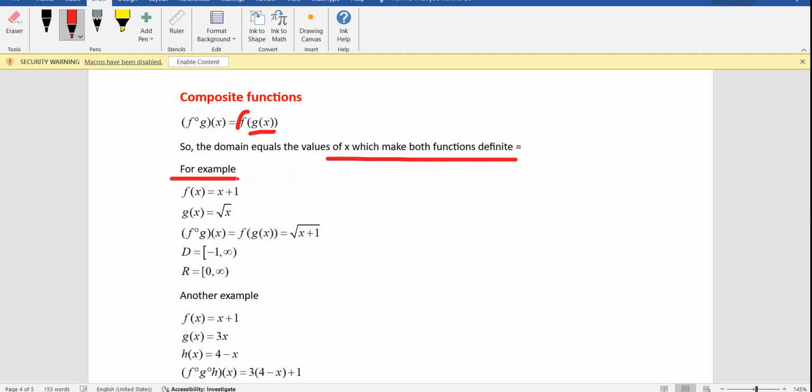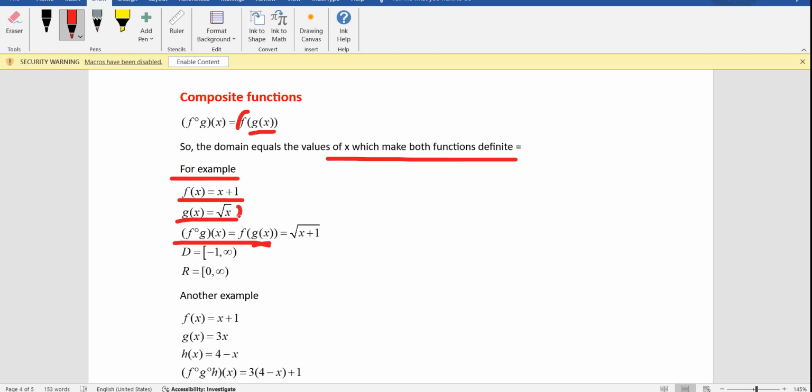Let's say this example: f of x equals x plus 1. This is a polynomial function, and this g of x is the square root of x. What's f of x composited with g of x? We need to substitute g of x in every single x in f of x.